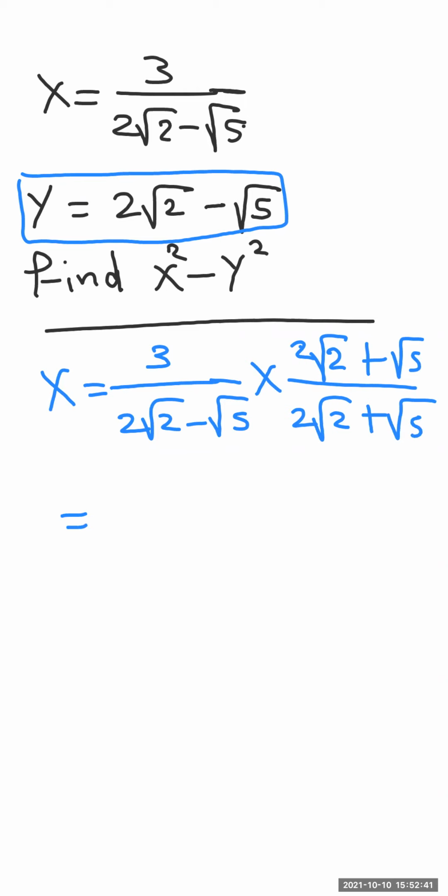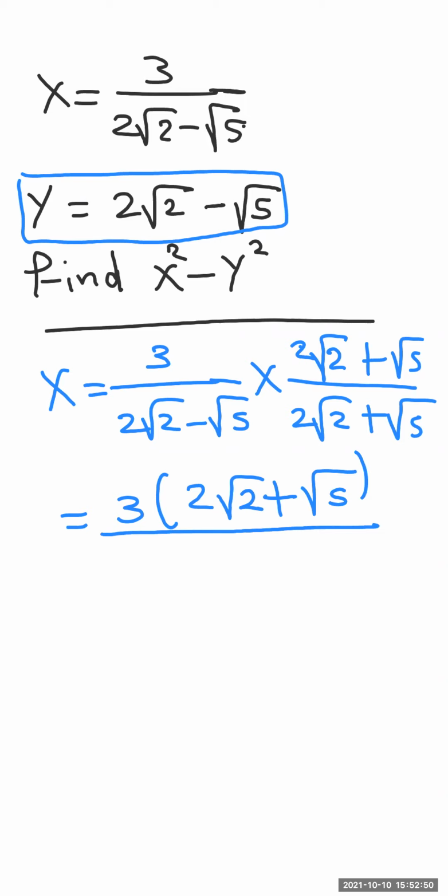So it will equal 3 times (2√2 + √5) over the first term squared, (2√2)². The 2 becomes 4 and the square root of 2 squared will be 2, 4 times 2, 8, minus (√5)², which means 5.